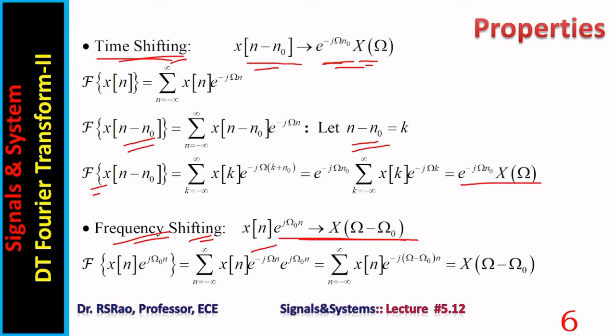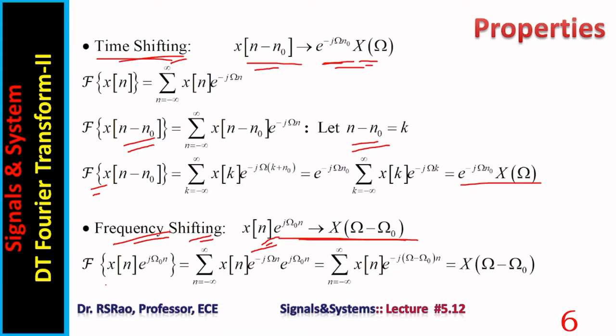In time shifting property, multiplication with exponential function is in frequency domain, whereas in frequency shifting property, multiplication with exponential function is in time domain. Certain similarity, parallelism is in these two properties.